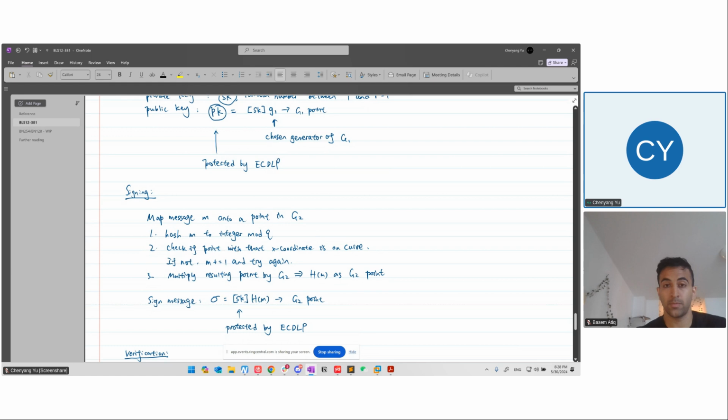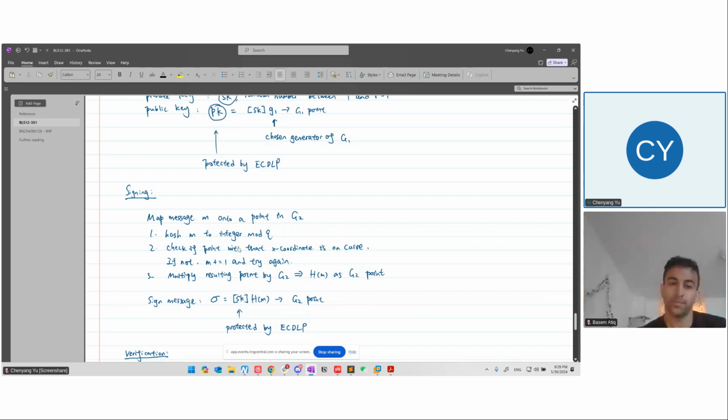There are a few choices, and then you choose one of the hash functions. You compute it to an integer modulo q, so in Fq. You map it to some large integer, and then you just use that as the x coordinate, and you set the y coordinate to 0, maybe.